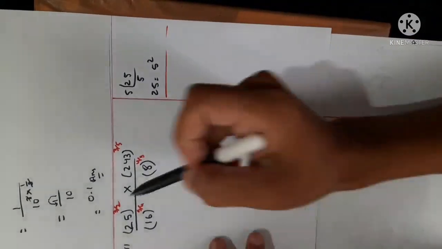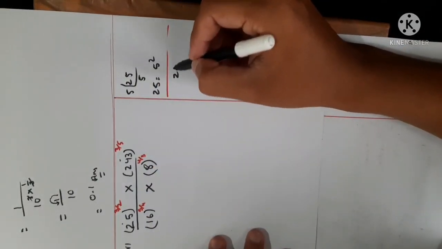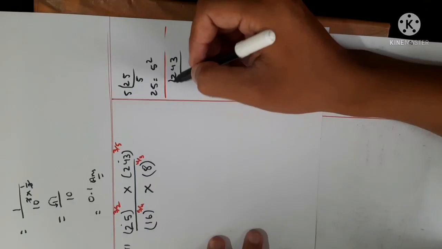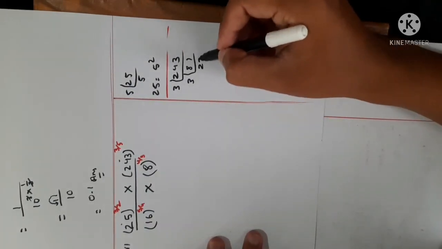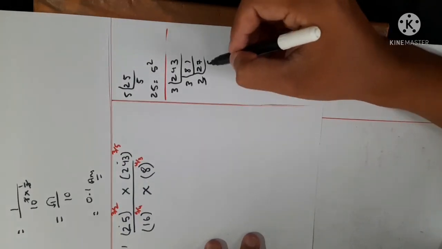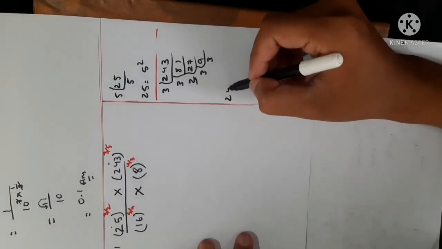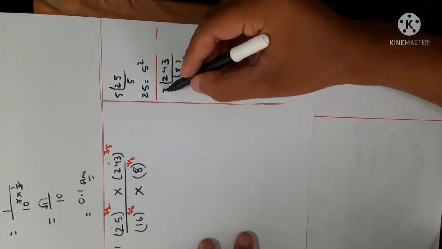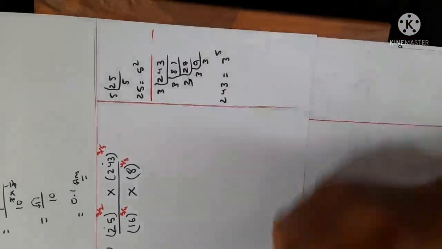So we prime factorize 25. Next we prime factorize 243. 3 8s are 24, 3 1s are 3, 3 27s are 81, 3 9s are 27, 3 3s are 9. So 243 equal 3 raised to the power 5.